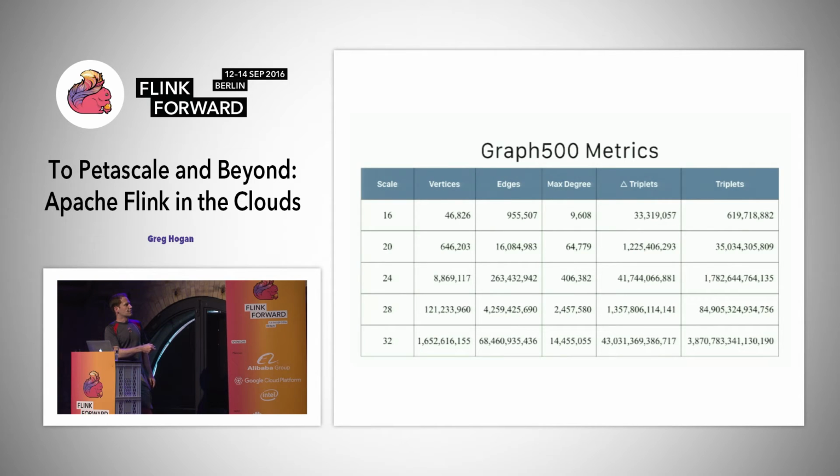We see that we very quickly scale up to trillions or even quadrillions of triplets. Billions of vertices, billions of edges, and essentially petabytes of data. So we can easily generate any volume of data that we want to play with. And you'll note here, so triangle triplets, we'll talk about in a few minutes. We can see that it's about 1/20th to 1/80th of the number of triplets.